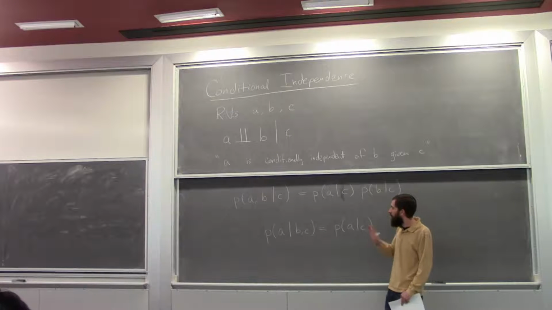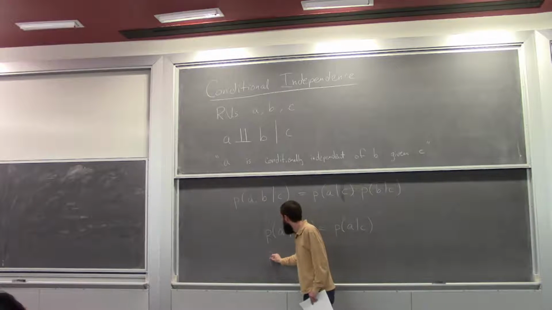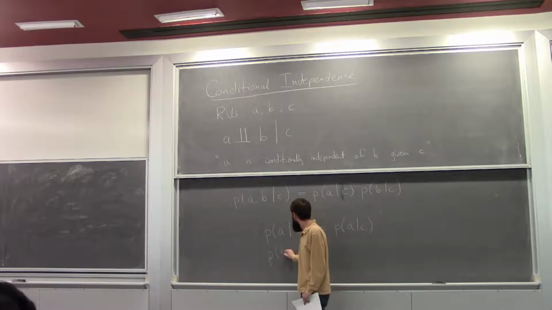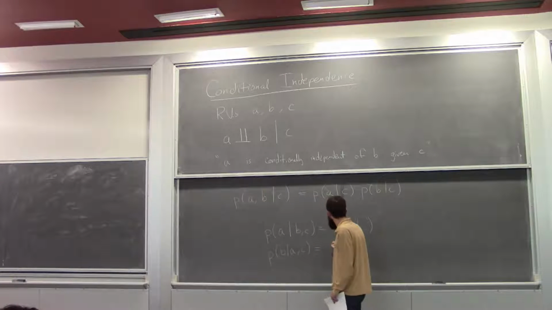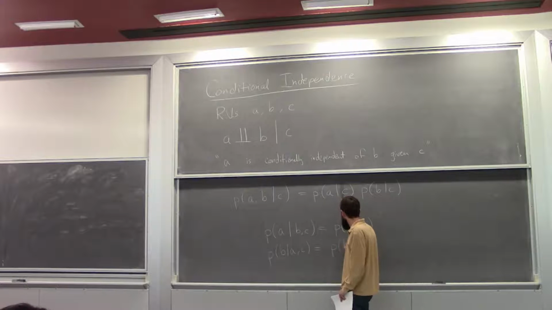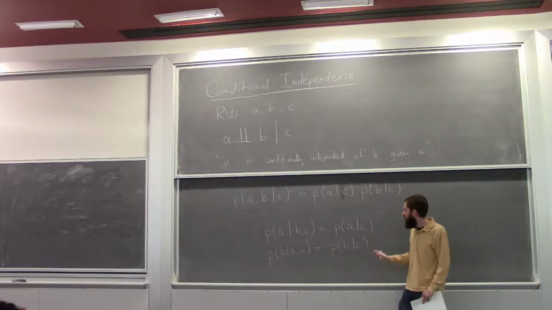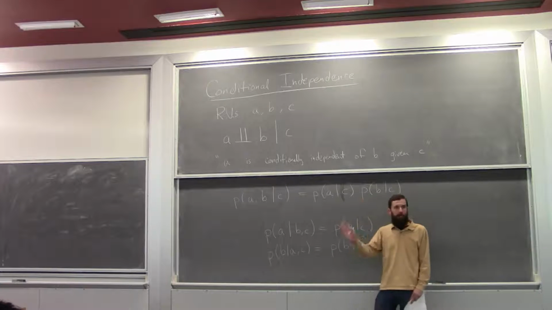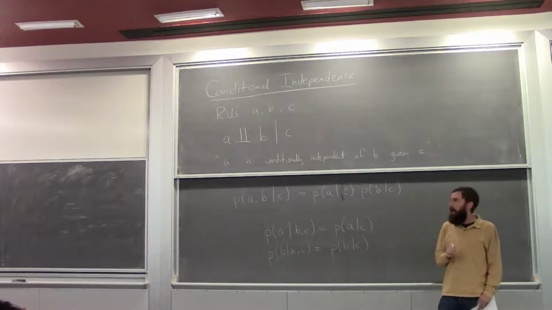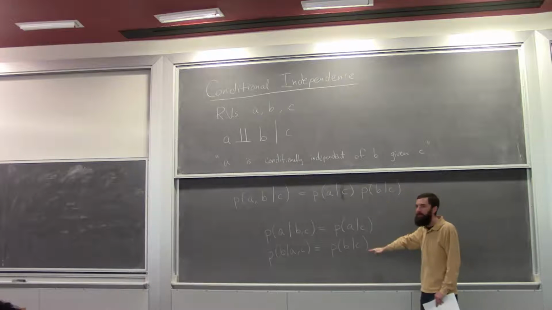And likewise, I can get the third definition of conditional independence. Again, just mirroring what you get in independence, you just add this C on the right-hand side of the condition. And all three of these things are equivalent.